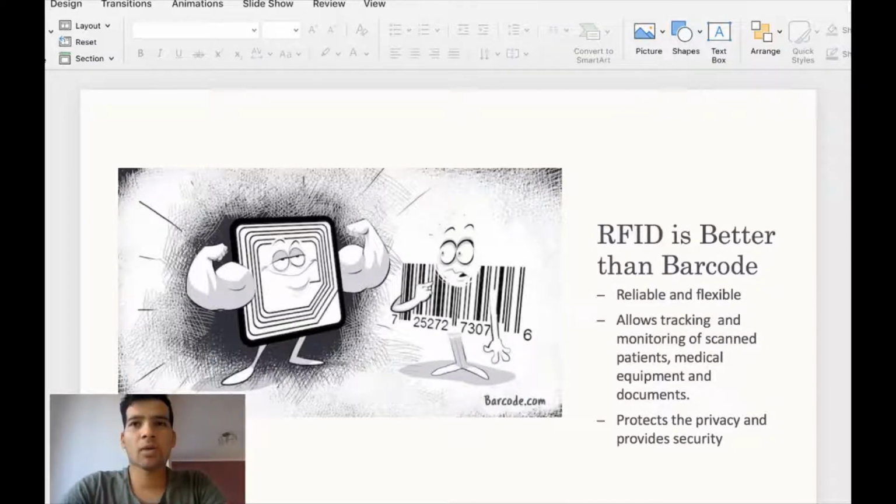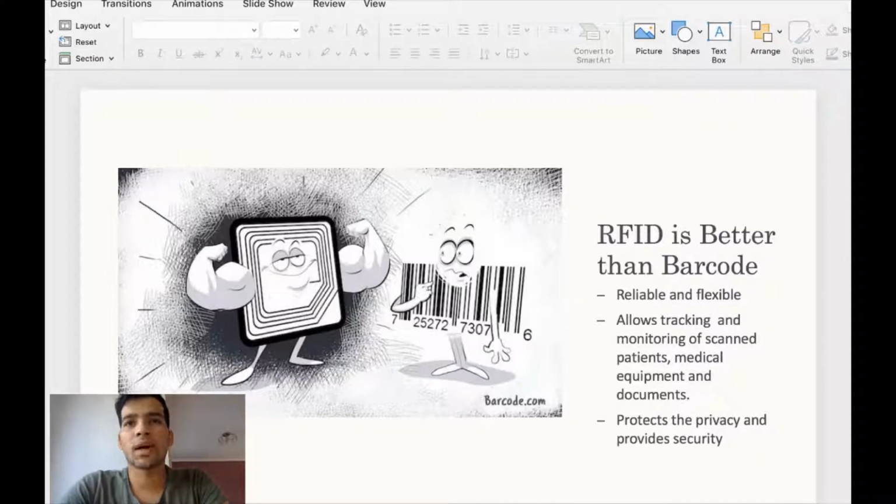Once the barcode is printed, it can't be modified or altered, but RFID technology supports rewritable functions as well. It allows modification of the data and can be combined with sensors to perform several activities.